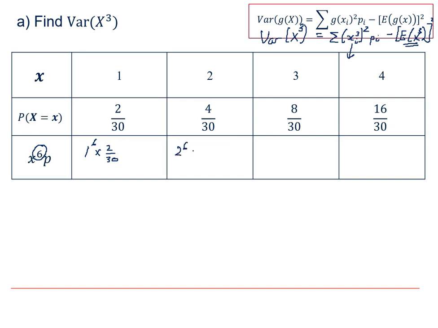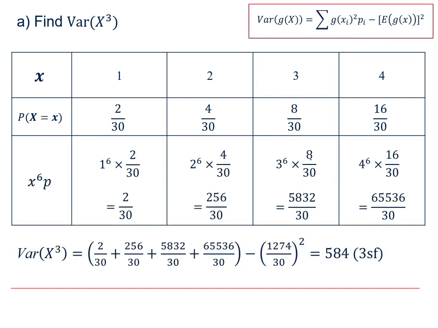So we'd have 2 to the power 6 multiplied by 4 over 30, 3 to the power 6 multiplied by 8 over 30, etc. And this is all written out for you here, and we have the final answers at the bottom here. Quite nasty fractions, but it's worthwhile keeping them exact and using the calculator in fraction mode.